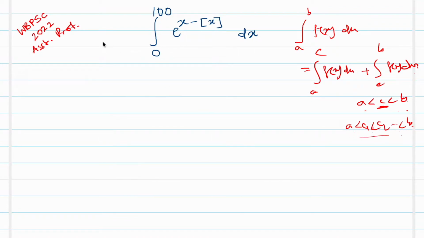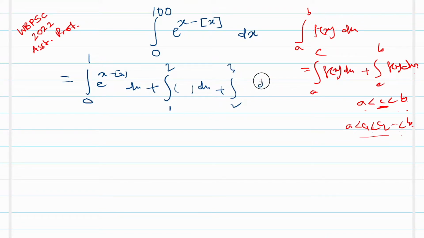So clearly this integration can be written as integral 0 to 1 of e power x minus box x dx, plus, I will not write this function again and again, 1 to 2 dx, plus 2 to 3 dx, and so on, plus 99 to 100 of the function dx.